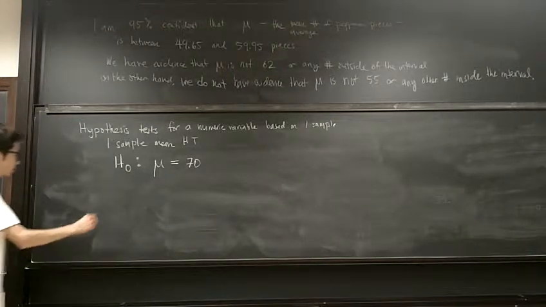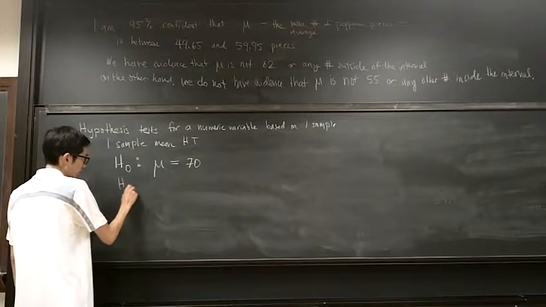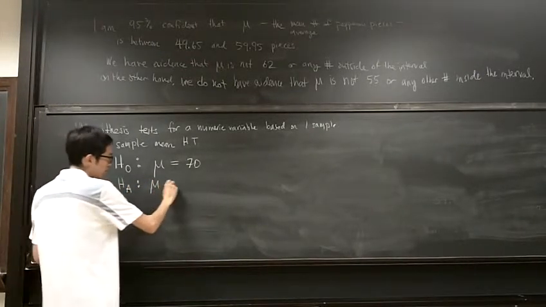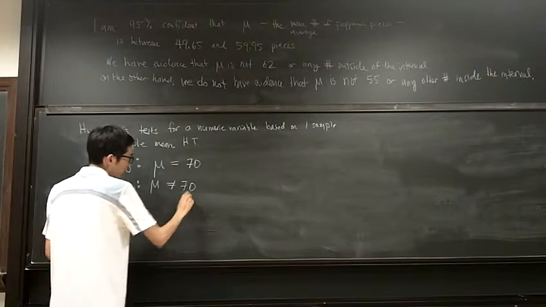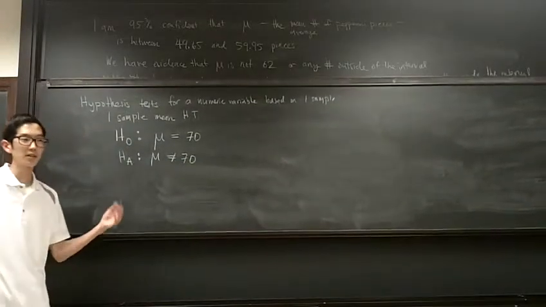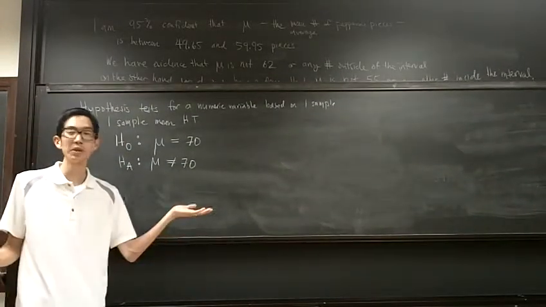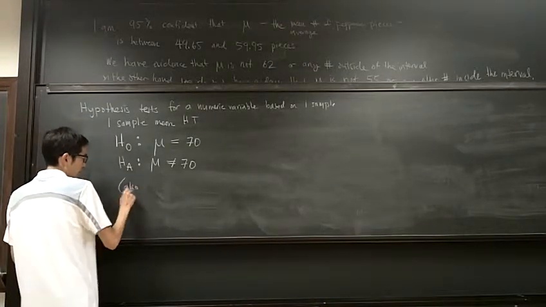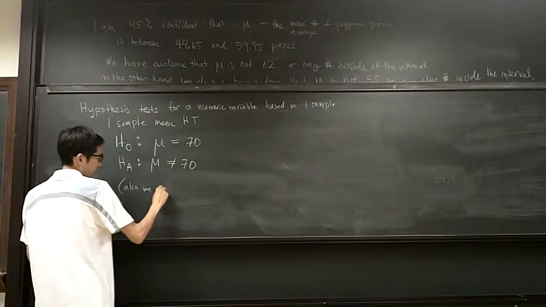And then the alternative would be that the mean does not equal 70. Or we could also have that the mean is less than 70 or that the mean is bigger than 70, right?